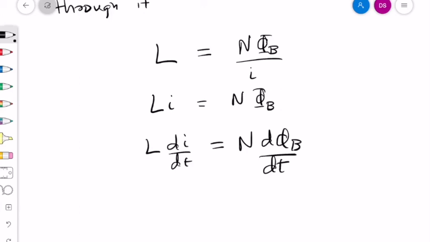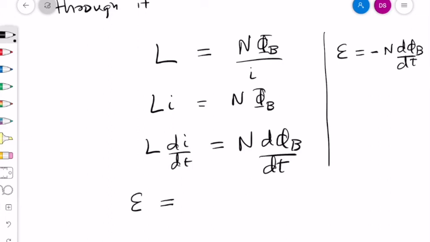So we'd seen that the flux rule was the induced EMF is equal to minus N d phi B/dt, if you put in the minus sign to include Lenz's law. So you get this very important relationship that the EMF induced in an inductor when the current through it changes is equal to minus L di/dt, where I just used this relationship.